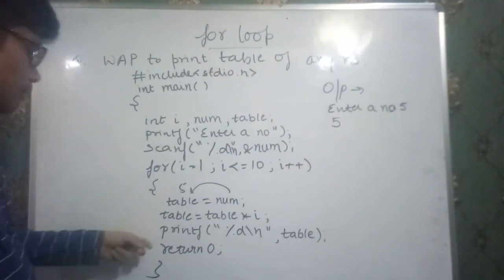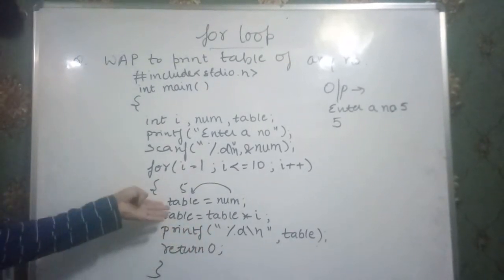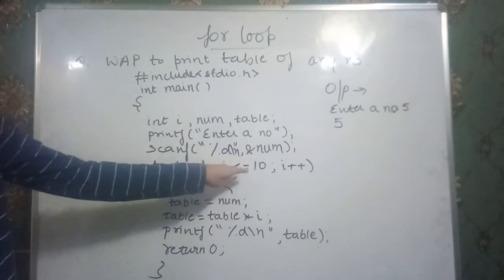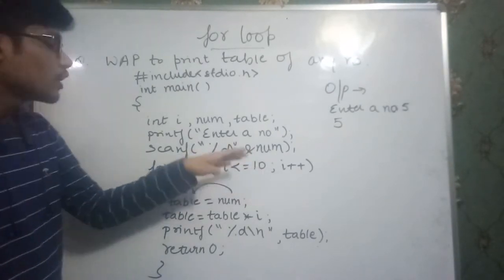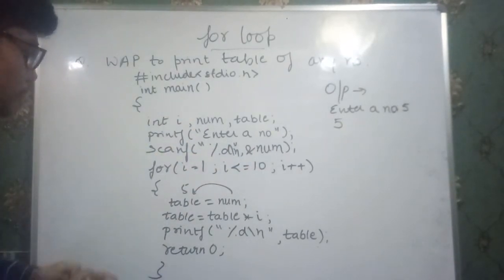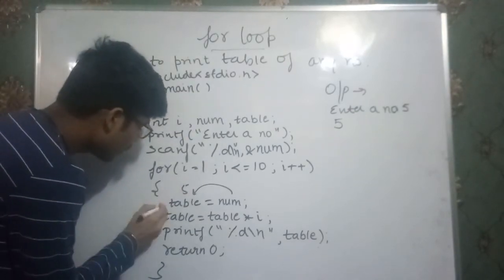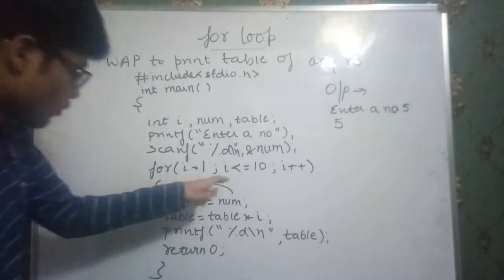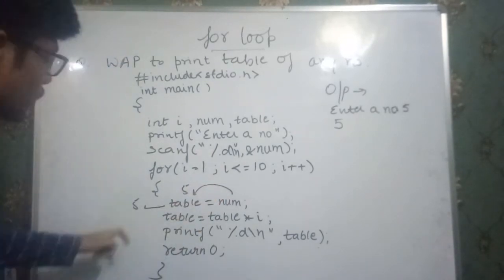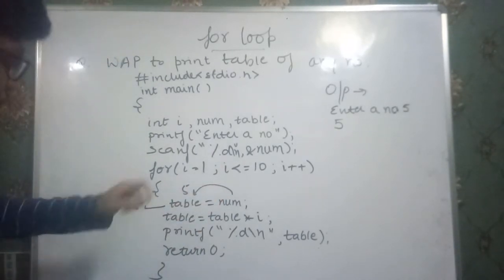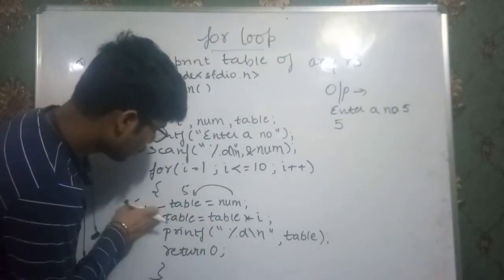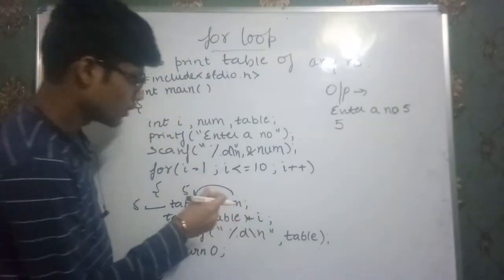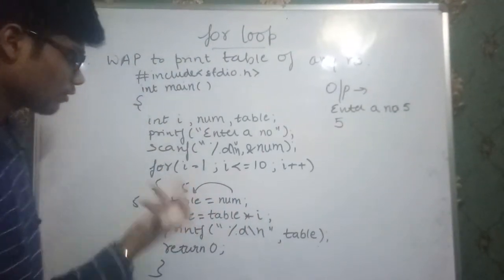Again after that we go and check the condition, and here i is 2, so 2 is less than or equal to 10, condition again becomes true. Now the table has a value of 5. If table has the value of 5, we can't go in this step and try again 5 into 2, because it will create difficulties in the next iteration.